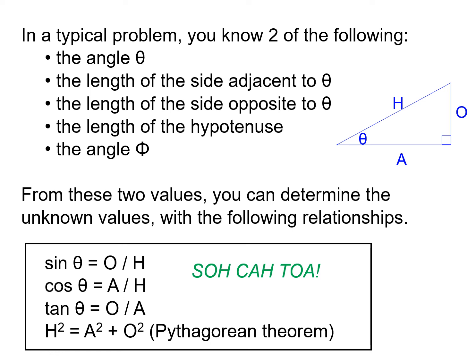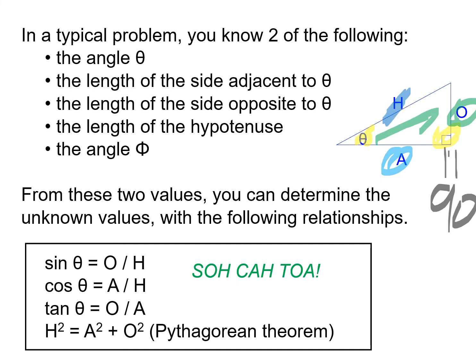So in a typical problem, you'll know two of the following. You'll know two angles, because this one is always equal to 90, because it's a right triangle. Or the length of the adjacent side to theta, this right here, the length of the opposite side to theta, or the length of our hypotenuse.